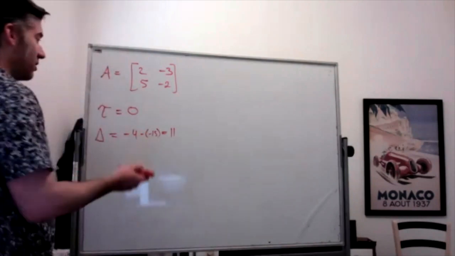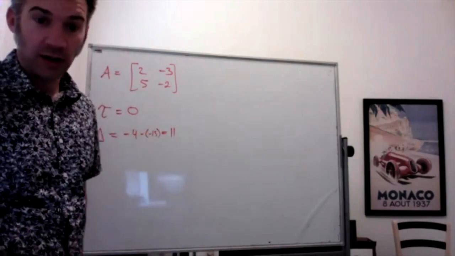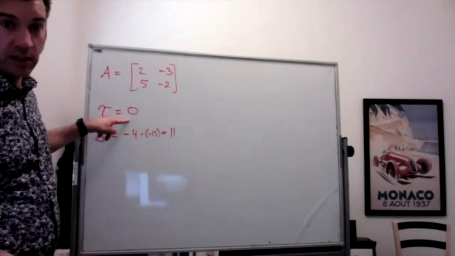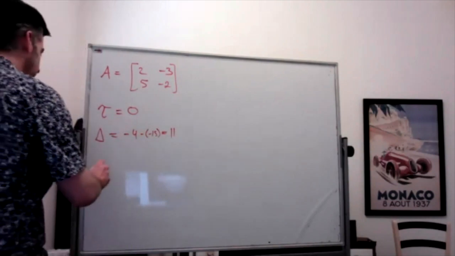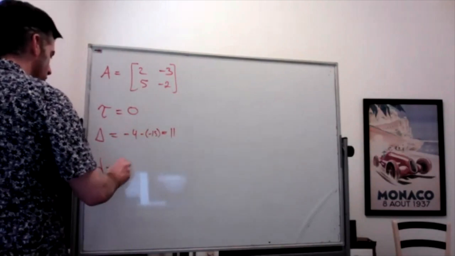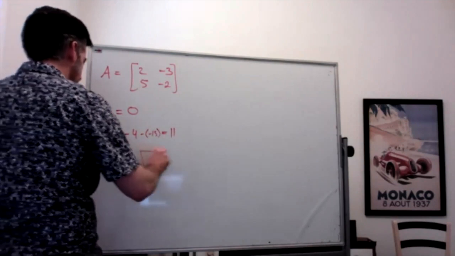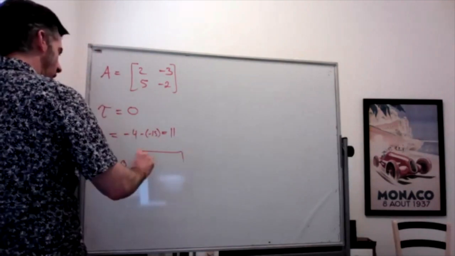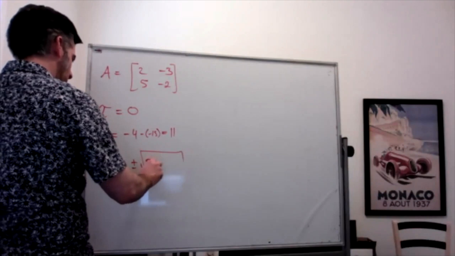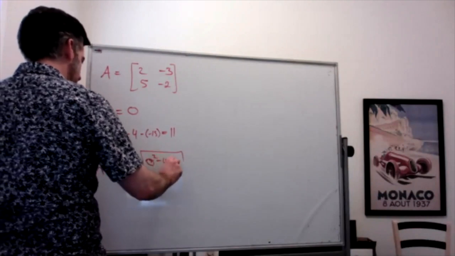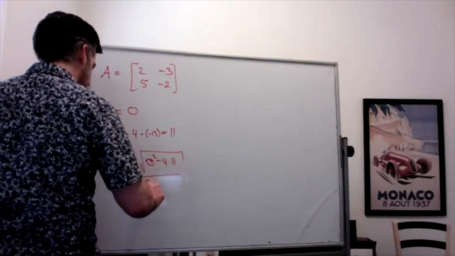Let's go ahead and find the eigenvalues. The eigenvalues should be purely imaginary based on the trace being 0 here. My eigenvalue should be the trace plus or minus the square root of the trace squared minus 4 times the determinant, all over 2.